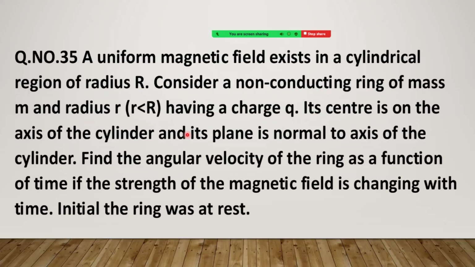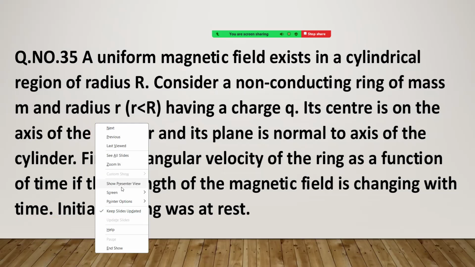Its center is on the axis of the cylinder and its plane is normal to the axis of the cylinder. Find the angular velocity of the ring as a function of time if the strength of the magnetic field is changing with time, and given initially the ring was at rest. Okay, let us see how to start.